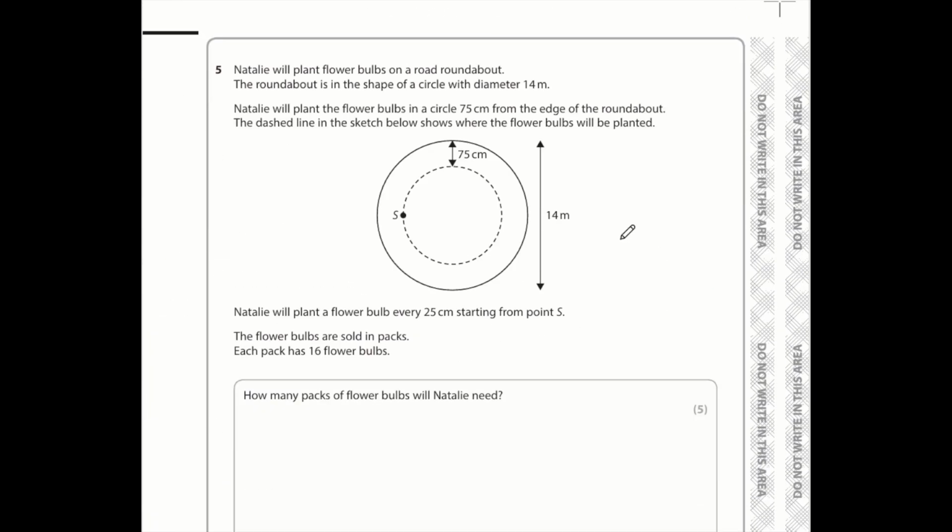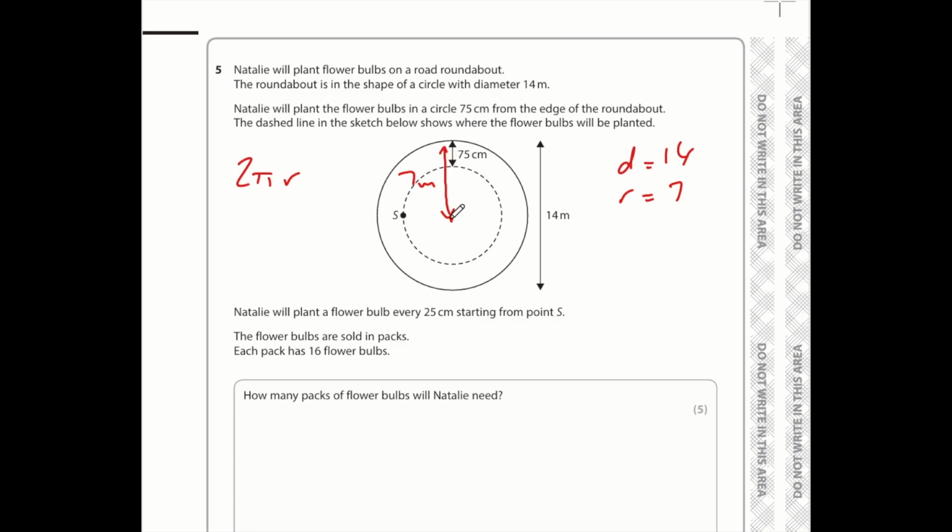Okay, question number 5. So what we need to do first of all is work out the circumference of this circle here. Now the formula for the circumference of a circle is 2 pi r. Okay, so here we know that the diameter of the big circle is 14, so therefore the radius is going to be 7. So therefore it's 7 meters from the center to the outside edge.